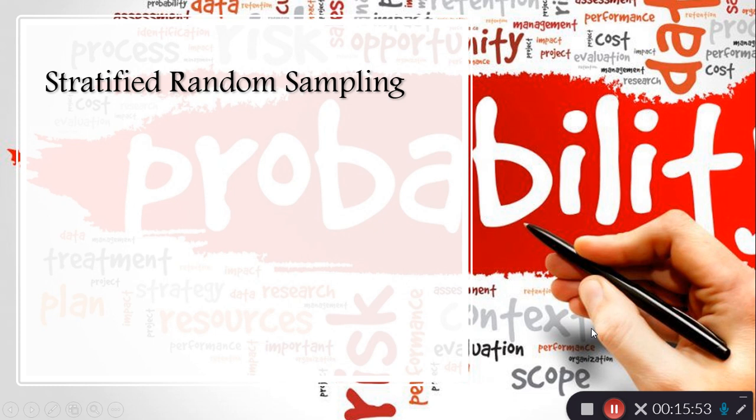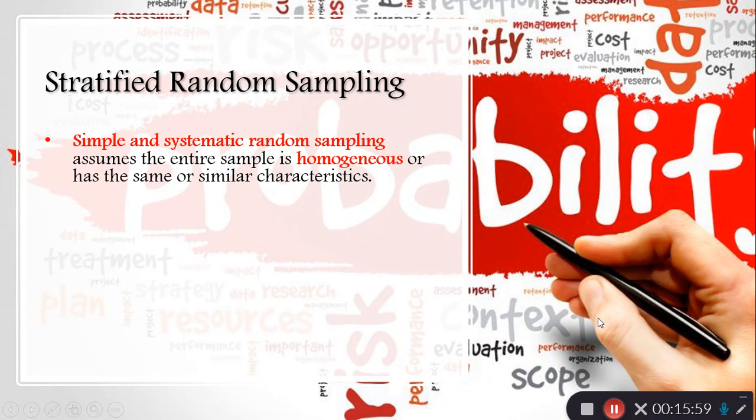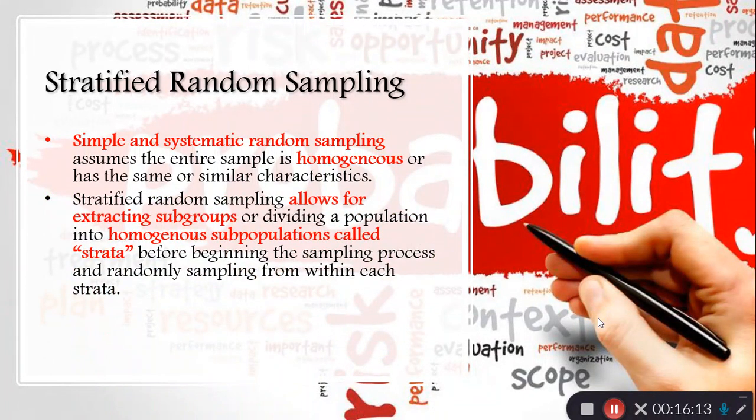So the next probability sampling technique is referred to as stratified random sampling. Simple random sampling as well as systematic random sampling assumes that the entire sample is homogeneous, or has the same or similar characteristics.